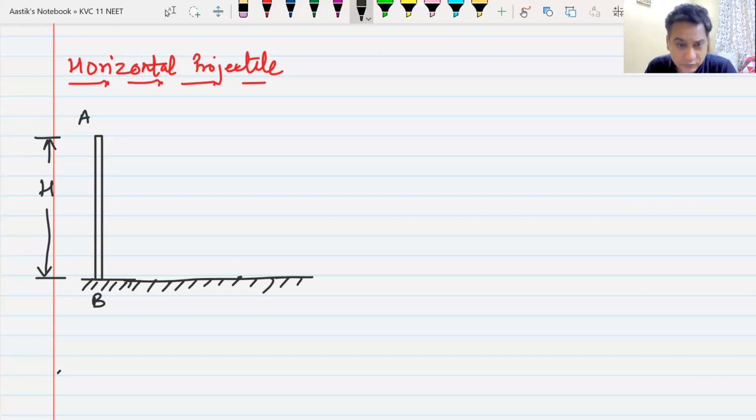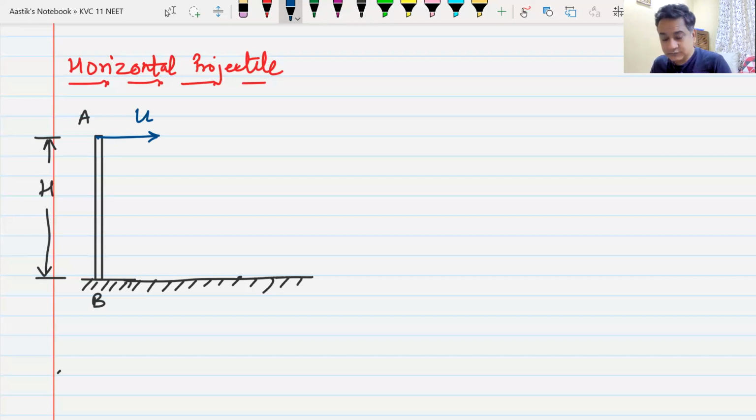What will I do? I will throw the ball horizontally. This is known as a horizontal projectile.